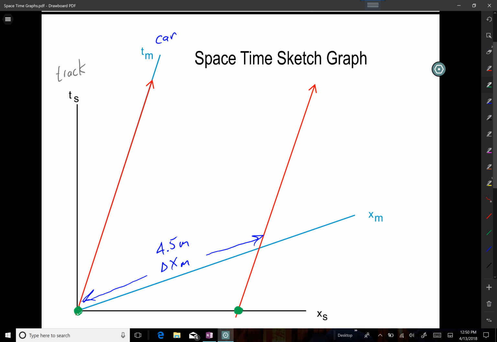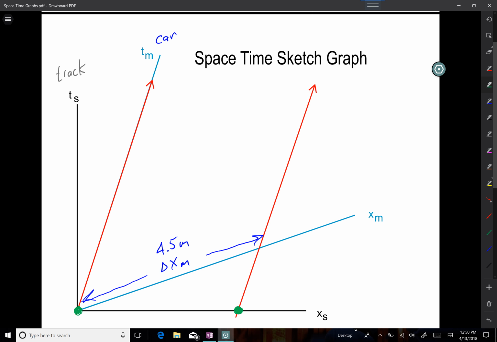This would be a delta XS, and that's what I'm trying to calculate. And if I look at my equation, I'm going to need to do a little bit of algebra on that equation and solve for delta XS. So if I do the algebra, I'm going to get delta XS is delta XM divided by gamma.